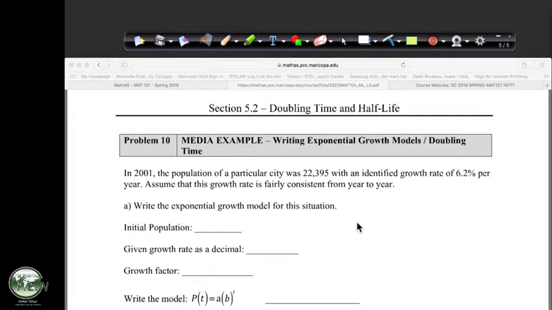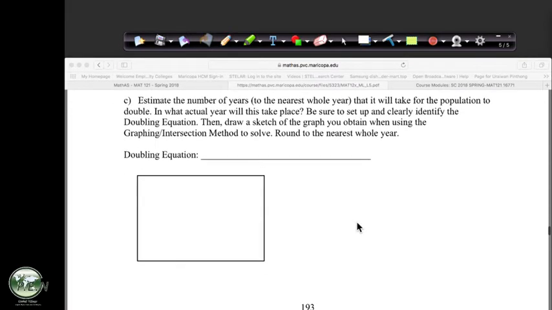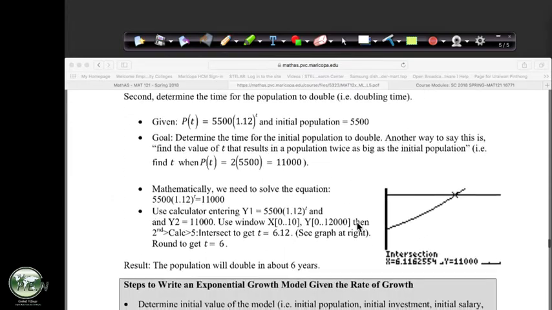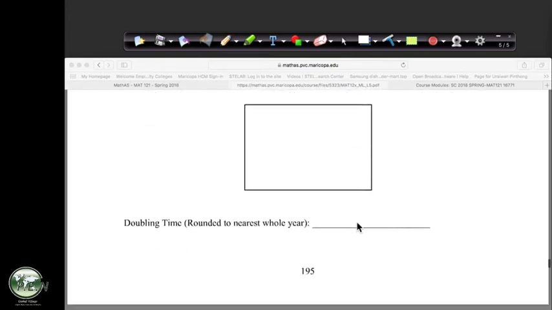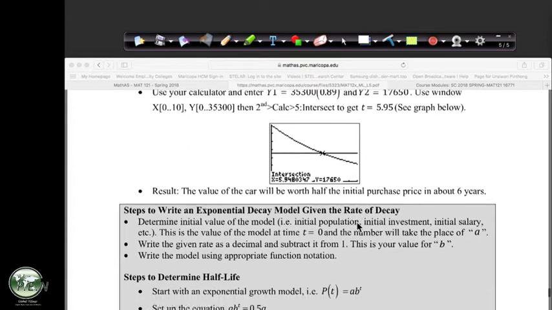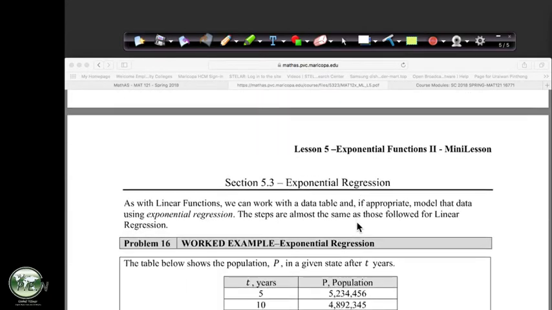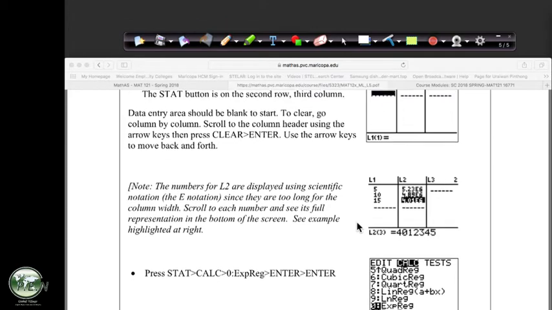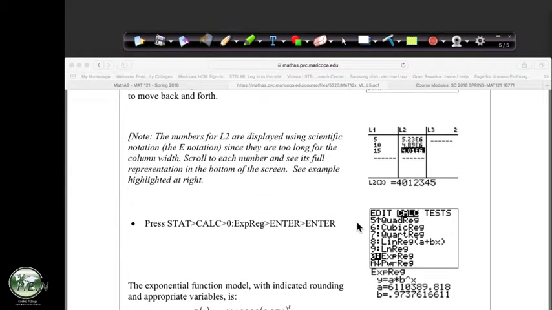Okay. So let's see, within the book they do have examples of how to do things.